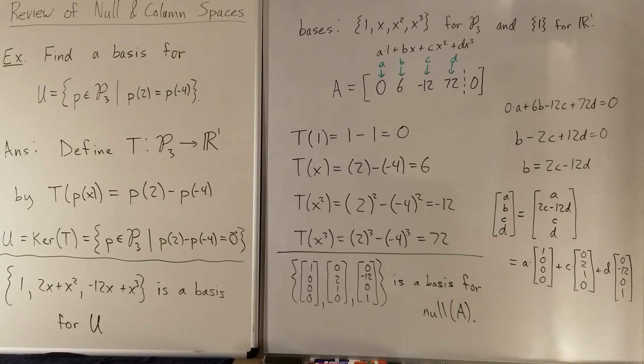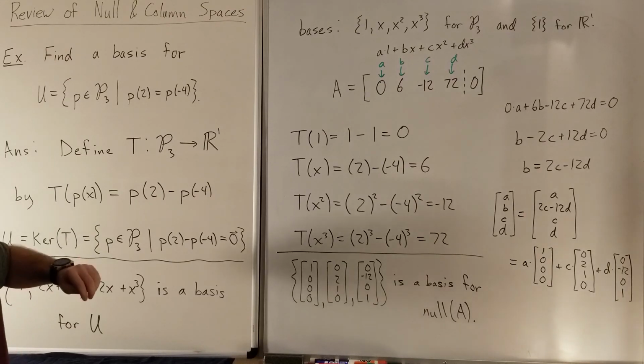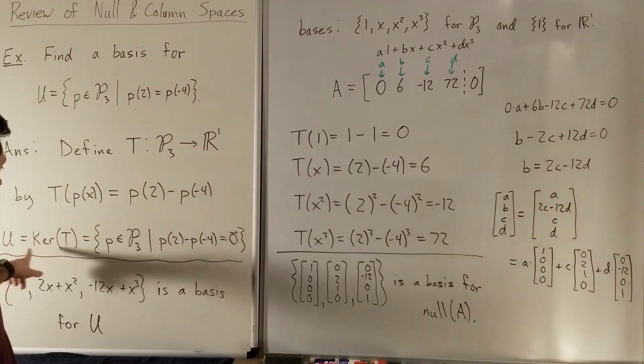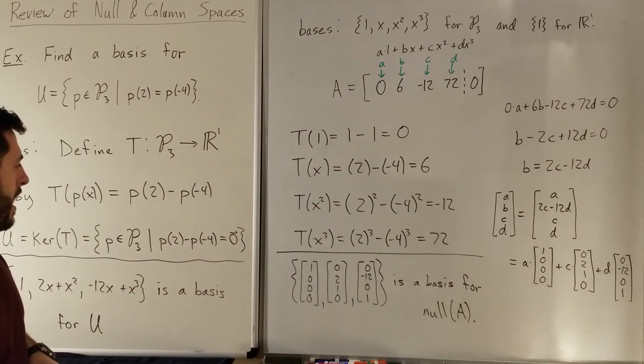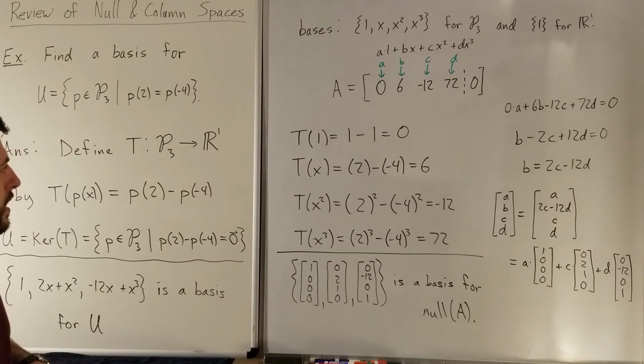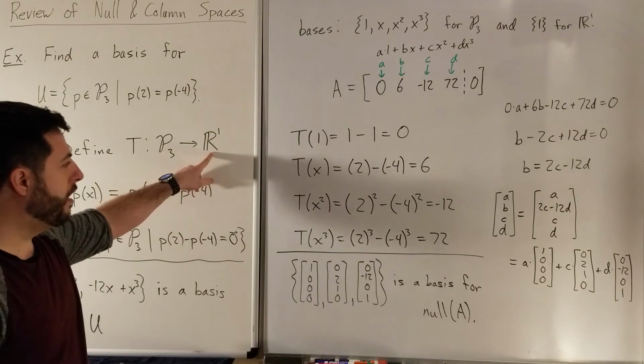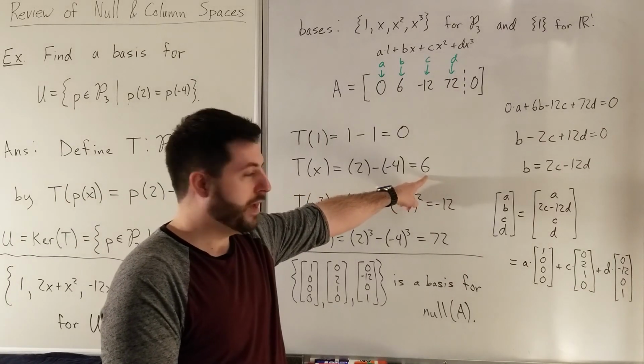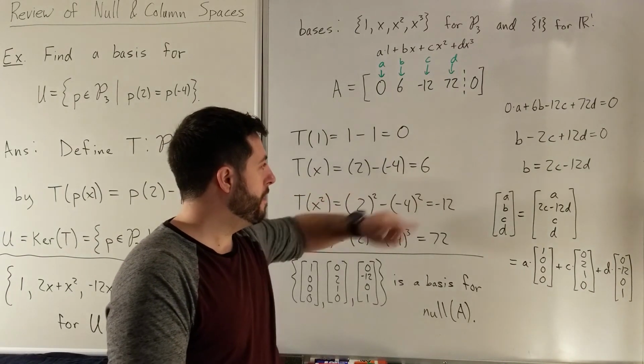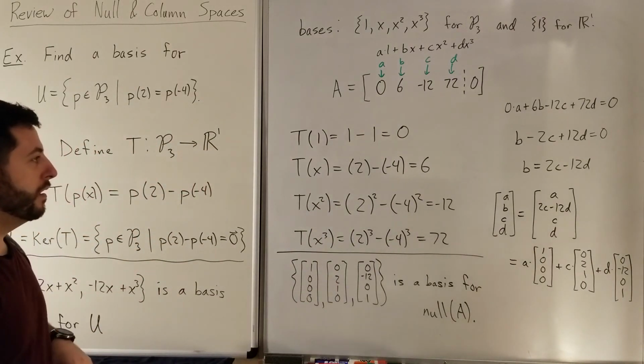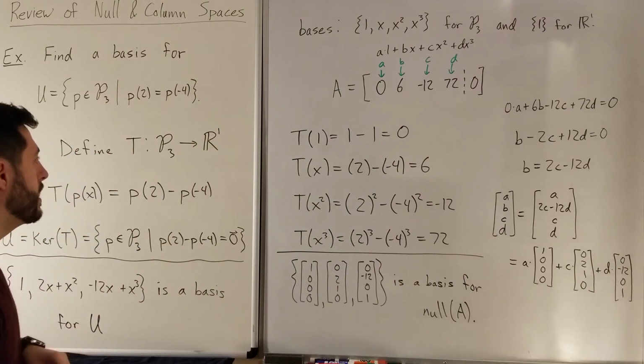I would like to also point out that we have 3 elements of our basis here, and we should know before we get to the actual calculation of the basis that there should be 3 elements. And the point at which we can realize that is up here. So we already know that U is equal to the kernel of this transformation, and we know that this transformation is onto R1 because we have a non-zero element of R1 that we hit, that's in our image, it's in our range.